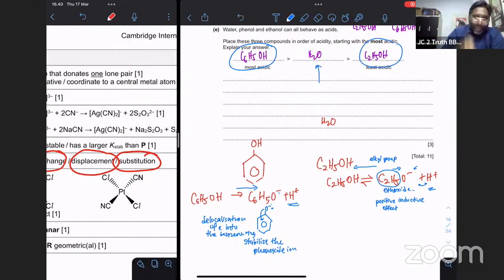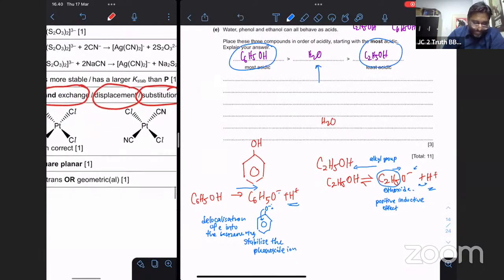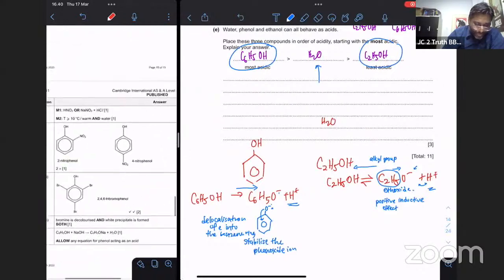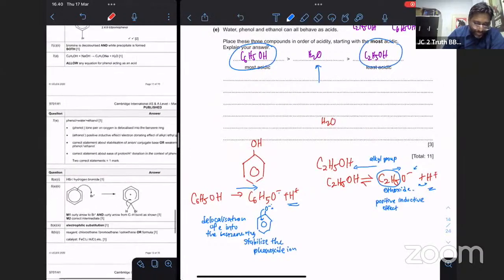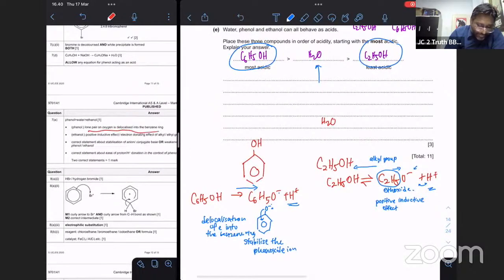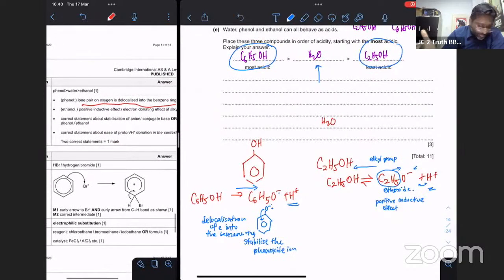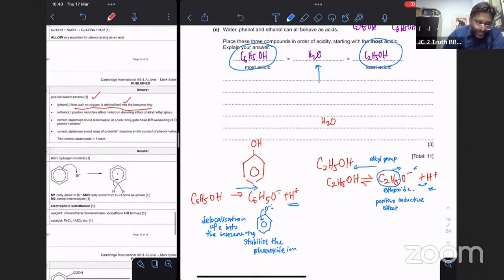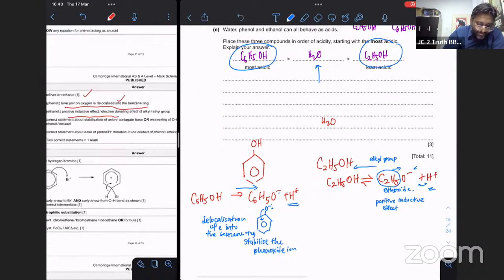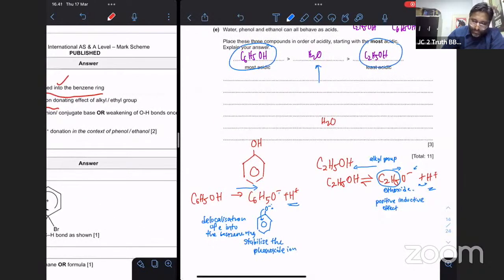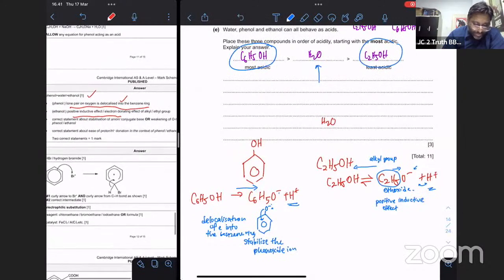So you need to explain. In 3 marks, you need to mention that the lone pair of oxygen is delocalized into the benzene ring, which gives 1 mark. For ethanol, the positive inductive effect of the alkyl, or ethyl group, gives 1 mark.